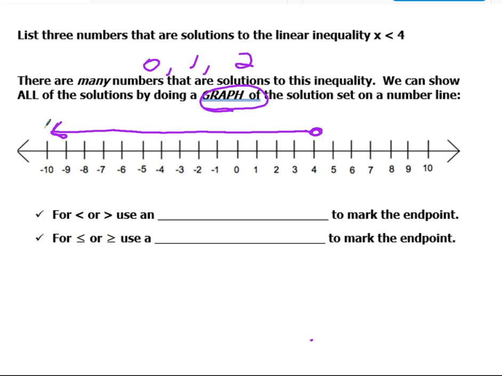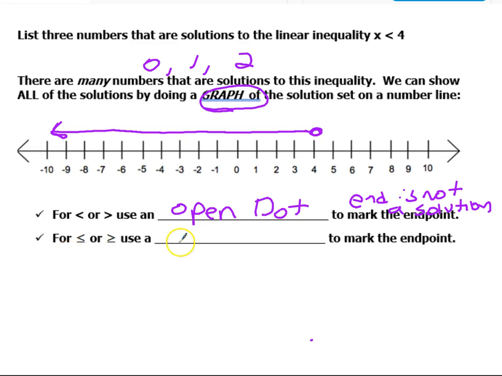So now let's look at what kind of dot we use. We use an open dot when we have less than or greater than. The reason is that in both these cases, the endpoint is not a solution.